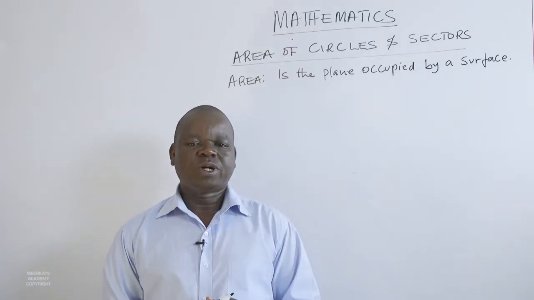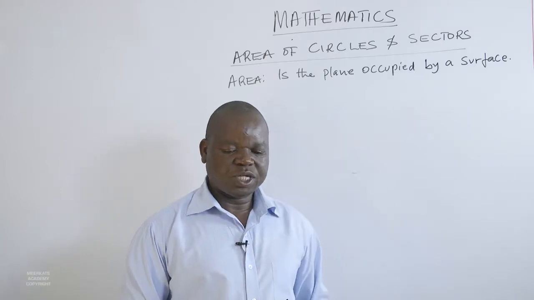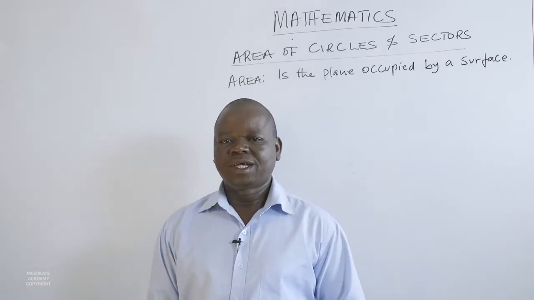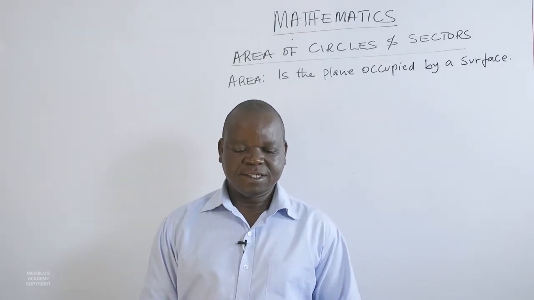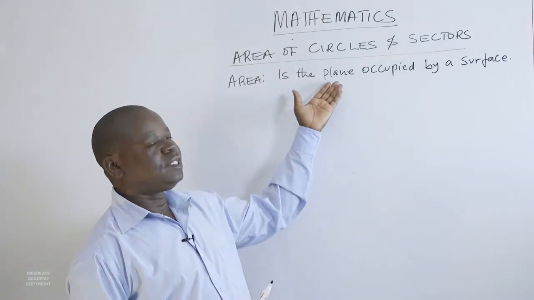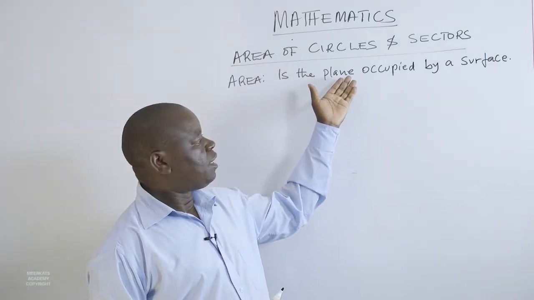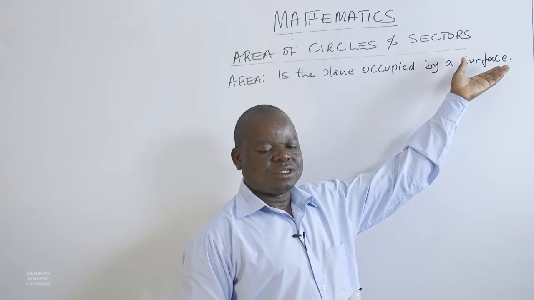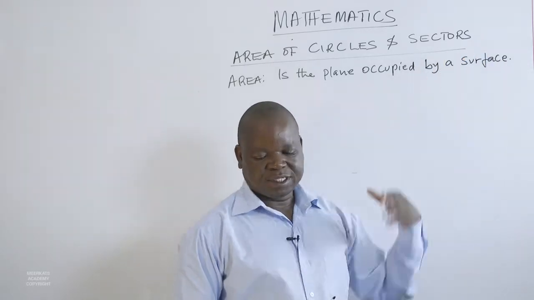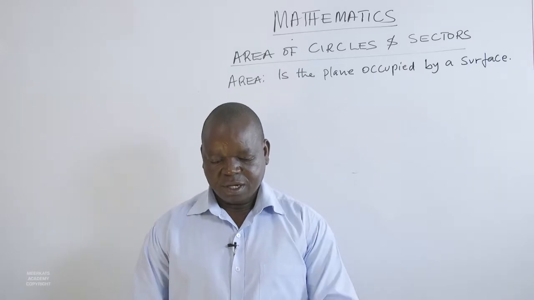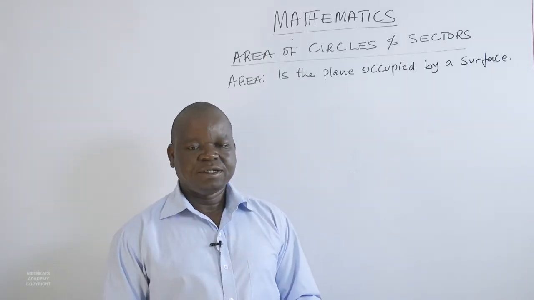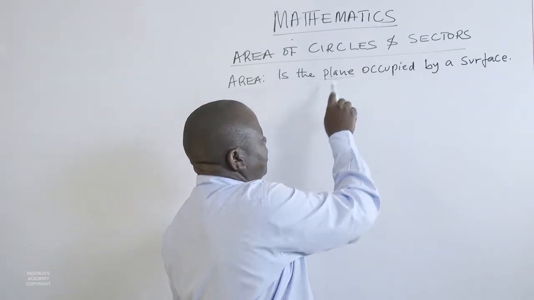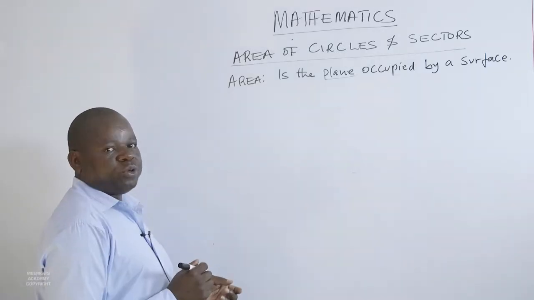Like in this particular class, we can measure the length of the class, we can measure the width of the class, and those are now the dimensions that define the class. So when we talk about area, it's just a plane. And that plane is what we say a surface. So when we are able to calculate the total area of the class, then we shall have gotten what we call the area of the plane, which is basically the class.